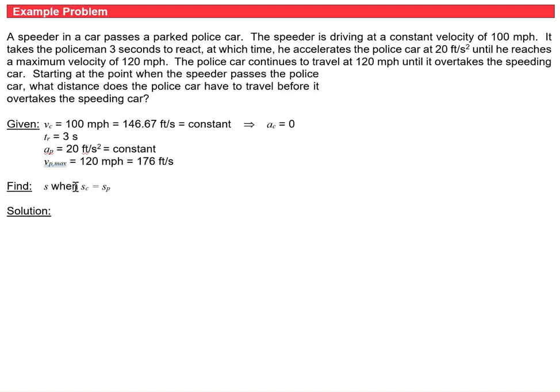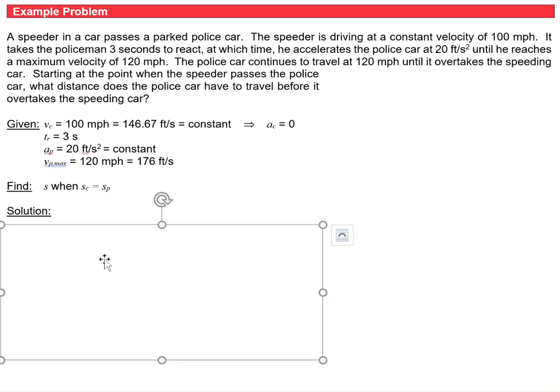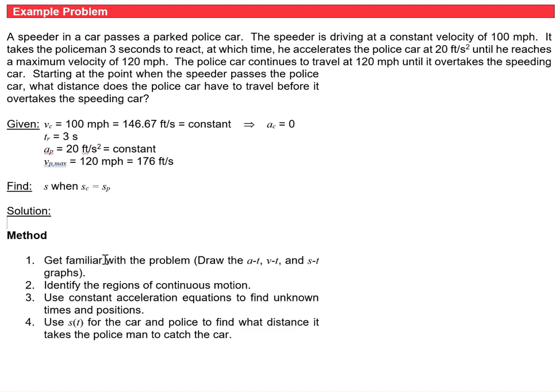So we're given some information about acceleration and velocity. So we're going to use that to find information about position, and then we'll set the two positions equal, the one for the car and the one for the policeman, to find out how far the policeman has to travel.